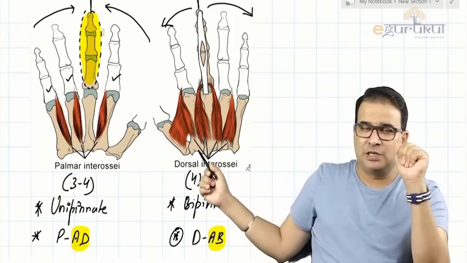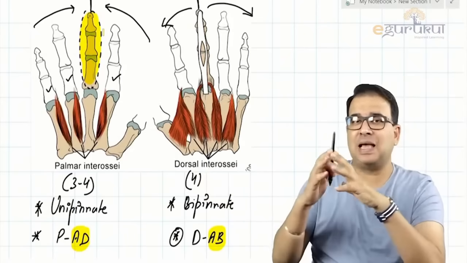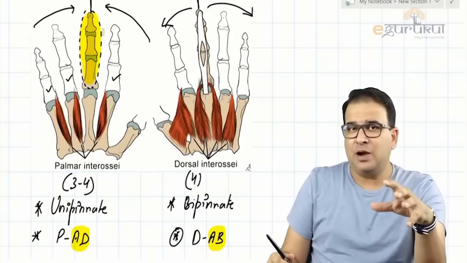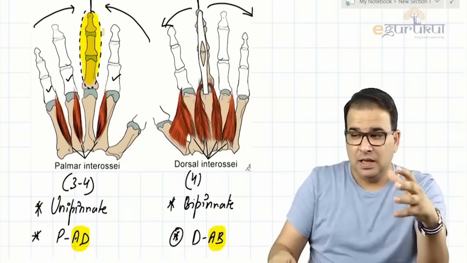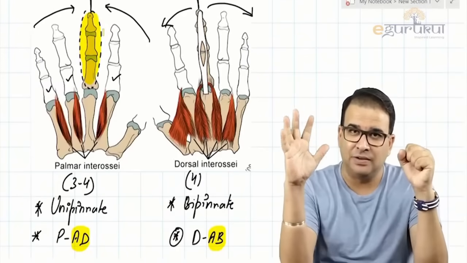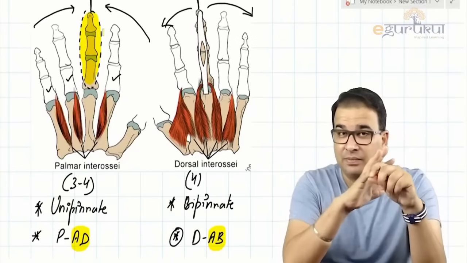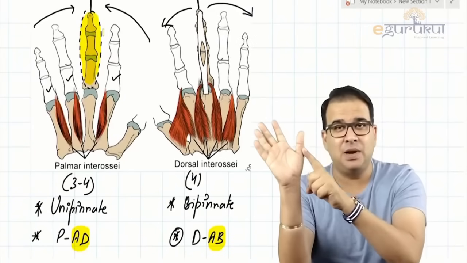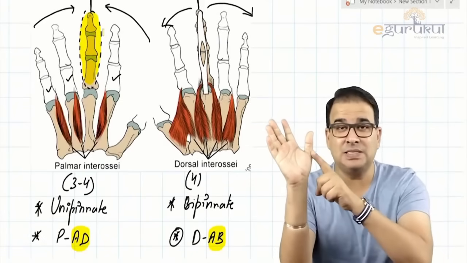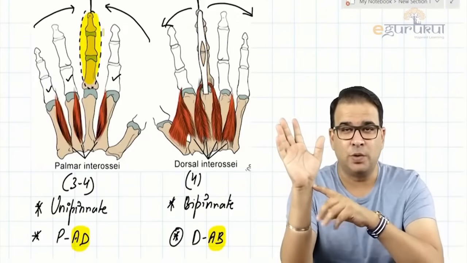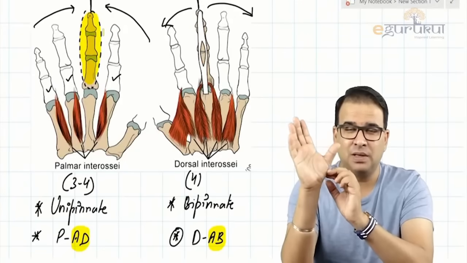Similarly, when you look at the dorsal interossei, the action is abduction. Now first, where would dorsal interossei be absent? When you think of muscles abducting the fingers, we already have strong abductors for the thumb and for the little finger. We have abductor pollicis longus as well as abductor pollicis brevis, so 2 muscles for abduction of the thumb.